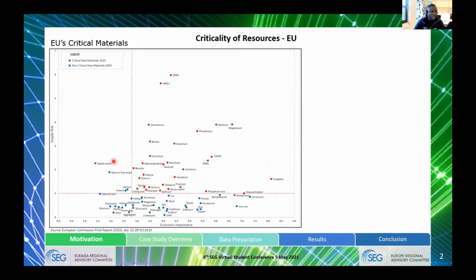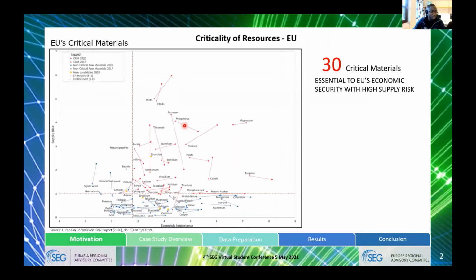If we go over to the EU, it recently published 30 materials which it named critical, based on the importance of these minerals and the risk associated with securing the supply. In the chart here, you can see the economic importance is increasing in this direction, while the supply risk is going in this direction. And you can see in red, these are the so-called critical materials. And these materials are evolving over the years.